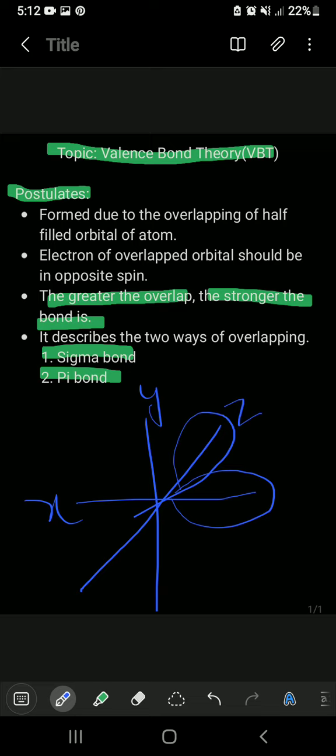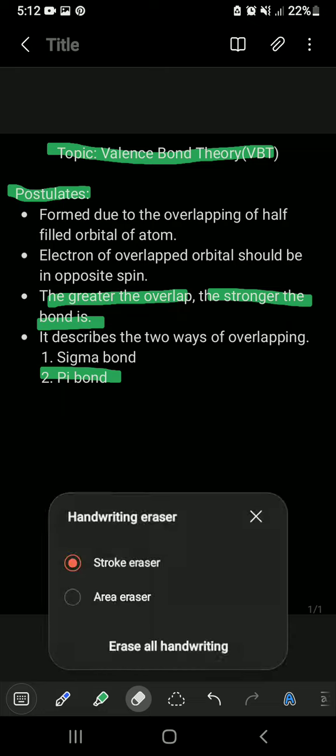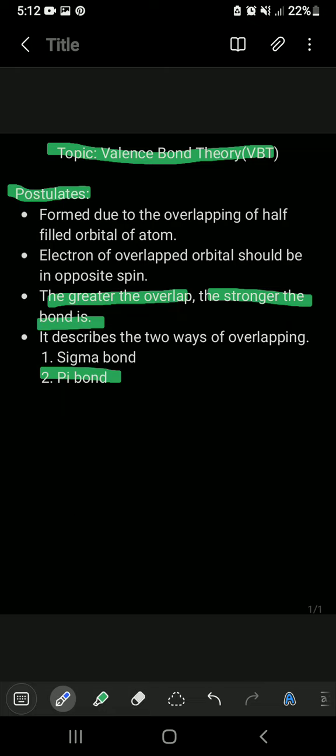Then the pi bond would be on the y-axis. The sigma bond is always linear, meaning there are two y orbitals, pp sharing, two x orbitals, p sharing, double.